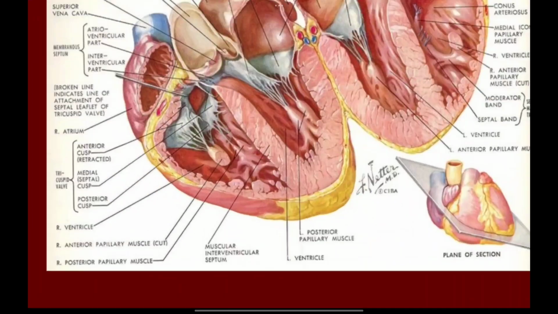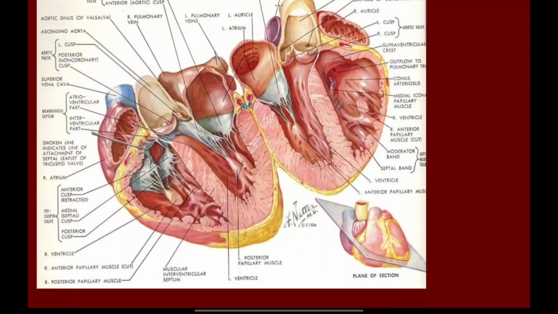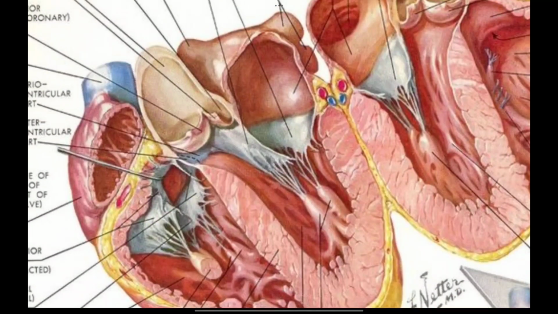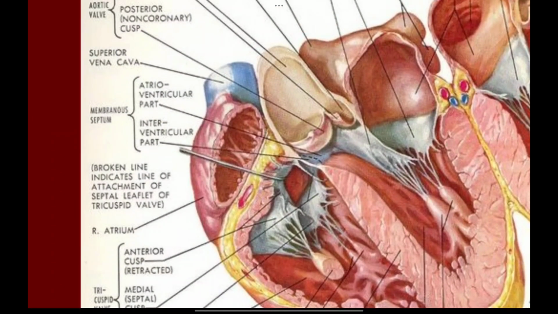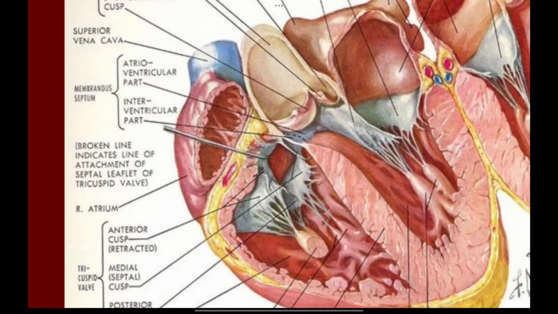Now we'll see the overview of all the chambers that we have learned till now. We saw the right atrium, which is superiorly placed, and it overlaps the pulmonary trunk and aorta, and has the superior vena cava and inferior vena cava opening into the superior and inferior regions.